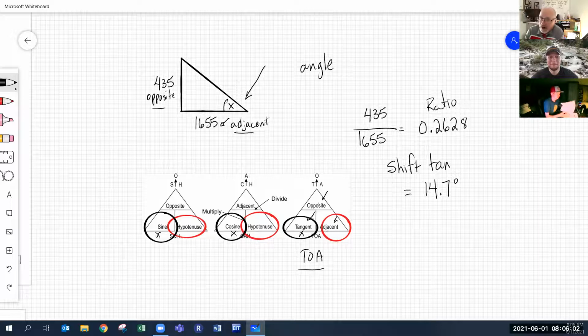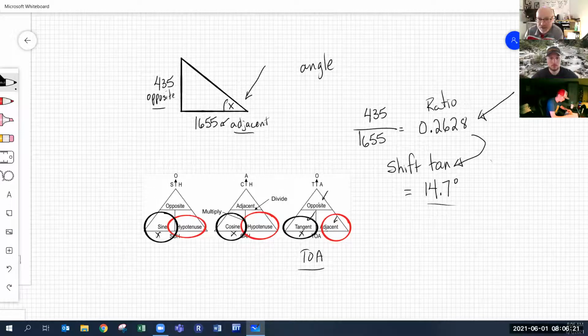And that's how we do that. Anytime you come up with a ratio of an angle, you have to do the shift, which is really the inverse tangent, to get the angle.